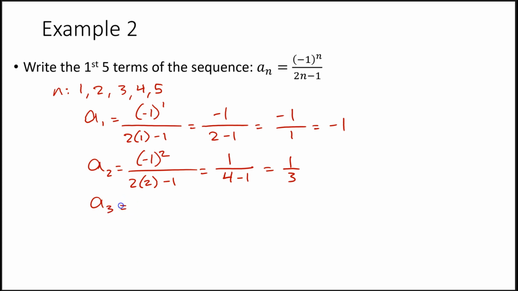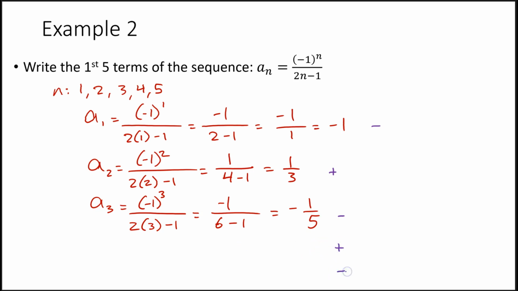A sub 3, I would have negative 1 cubed over 2 times 3 minus 1 to give me negative 1 over 6 minus 1, which would be negative 1 fifth. Notice we go negative, positive, negative. Next one, a sub 4, should be positive, and then a sub 5 should be negative.